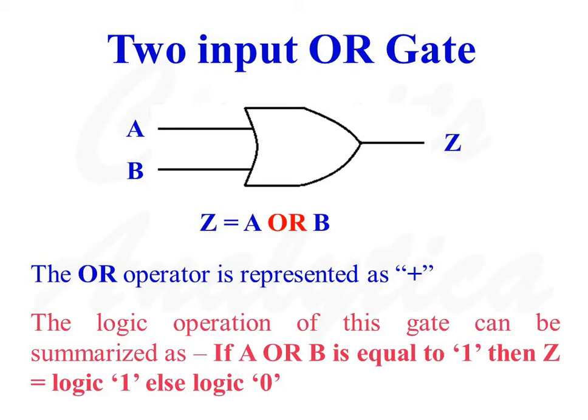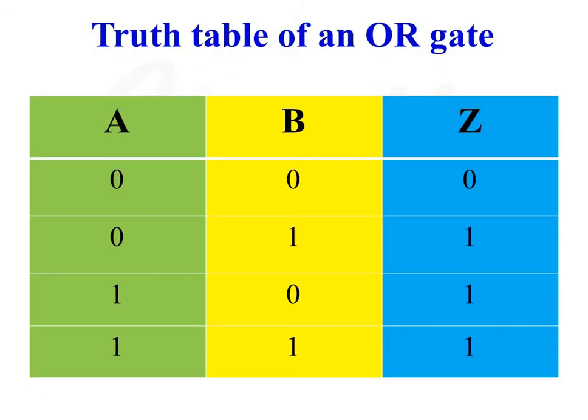Else, if both inputs of the OR gate are existing at logic 0, in the case of a two-input OR gate, then output is equal to 0. So this is the truth table of an OR gate. If both inputs are existing at logic 0, then output is equal to 0.